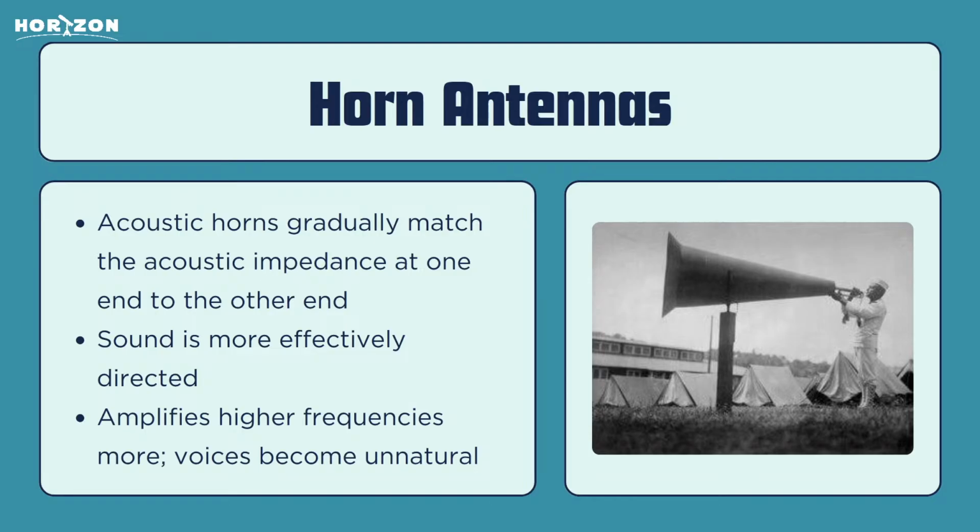The bugle itself has a horn structure where the impedance of the air in your mouth is matched to the impedance of the surrounding. Also note that the megaphone does not treat all frequencies equally. It amplifies higher frequencies much more than lower ones, which results in voices sounding unnatural.